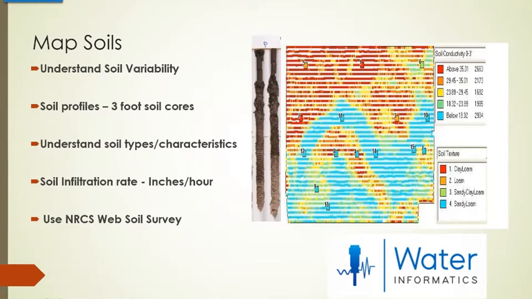The red area is a Hanford loam. So the actual permeability, infiltration rate, cation exchange, all the things that are really important about a soil are listed in that description. But what's most important is this soil infiltration rate. So how many inches when you irrigate does that water go down into the soil?